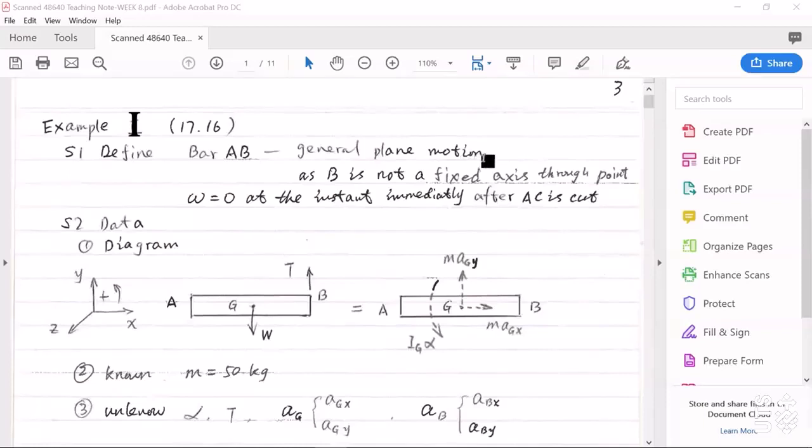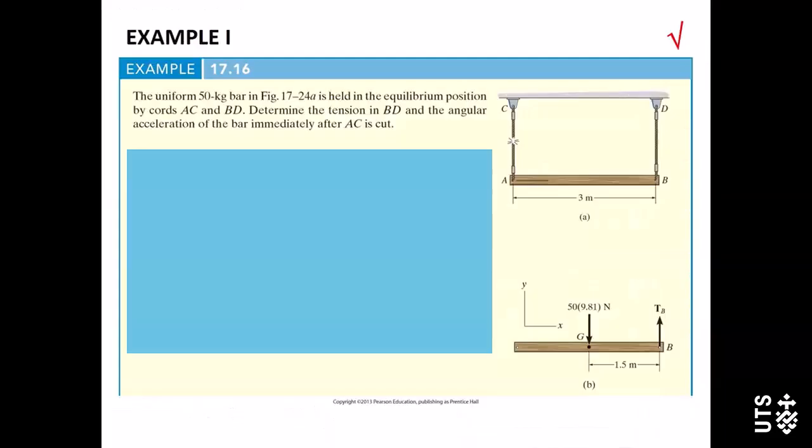Probably you will think that at this instant immediately after cord AC is cut, this bar AB should be undergoing a rotation about an axis through point B. Actually, it's not. Why? Because B cannot be a fixed axis through point. B will be moving.